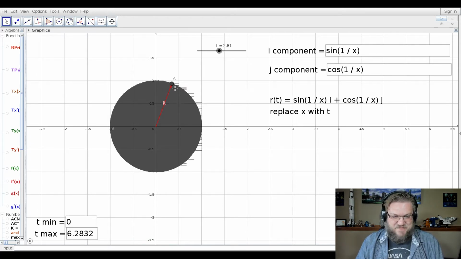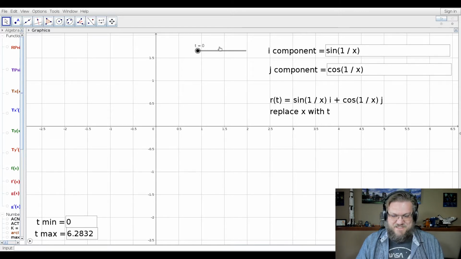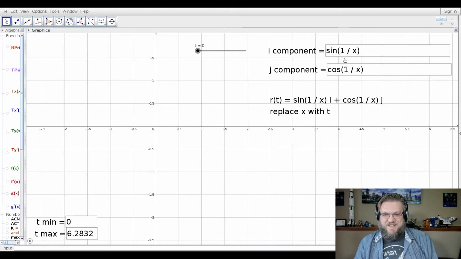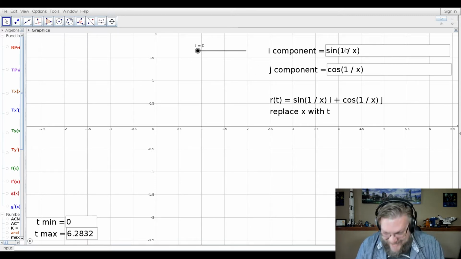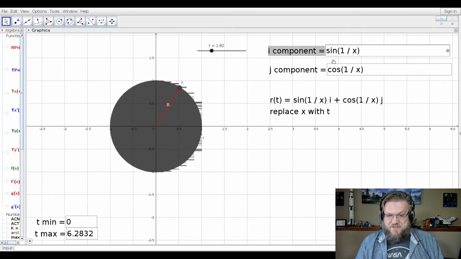It's trying to crank out something. Oh, and that's back to 0. Anyway, let's tweak this a little bit. I want to see what this is doing. Okay, now it's frozen again. It really doesn't like dividing by 0. I don't blame it. Okay, let's get these fractions out of here before it crashes more.